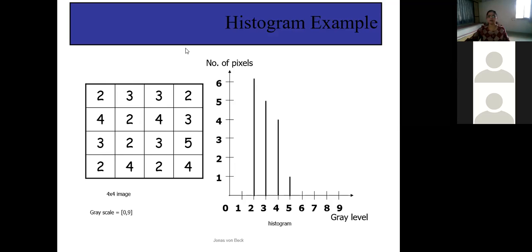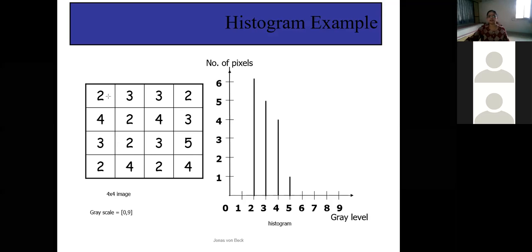So in the histogram, you will observe only two peaks, as shown here, and the amplitude of the peak at 0 will be 8, because out of 16 pixels, 8 pixels will take 0 value.